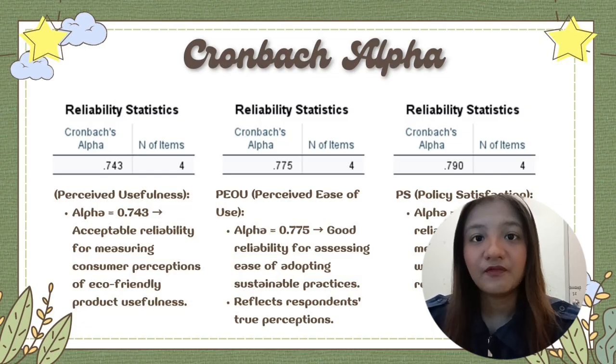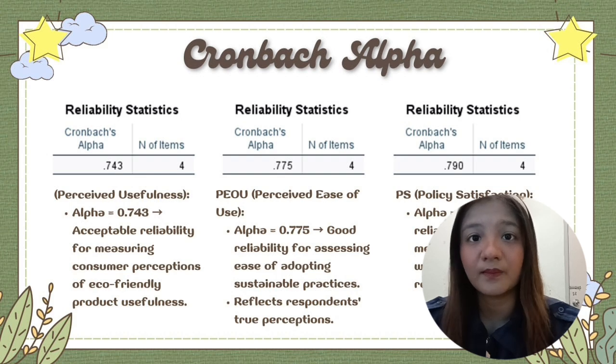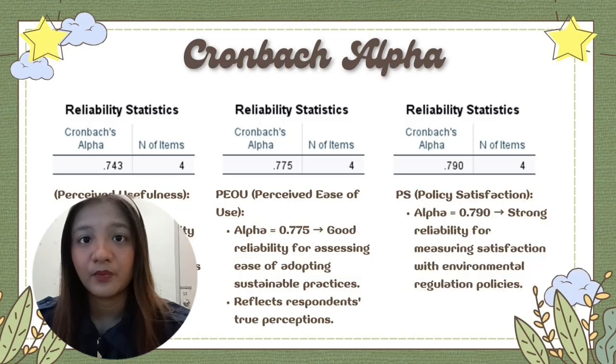PEOU, perceived ease of use, alpha equals 0.775, which is good reliability for assessing ease of adopting sustainable practices, reflecting respondents' perception. PS, policy satisfaction, alpha equals 0.790, strong reliability for measuring satisfaction with environmental regulation policies.